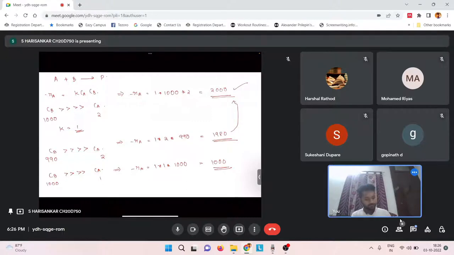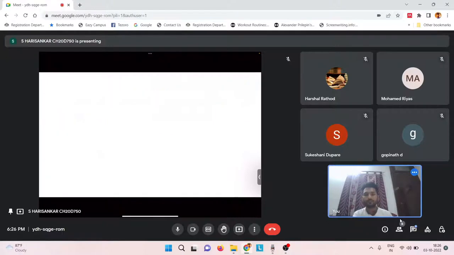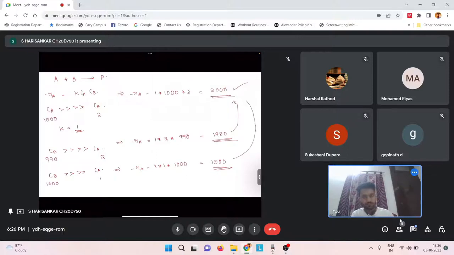But in the last case, there was a variation in Ca, which was the lower concentration reactant, and we don't care about Cb. When the concentration of Ca changes, you can see how much the reaction rate also changes. This is half of the original case.